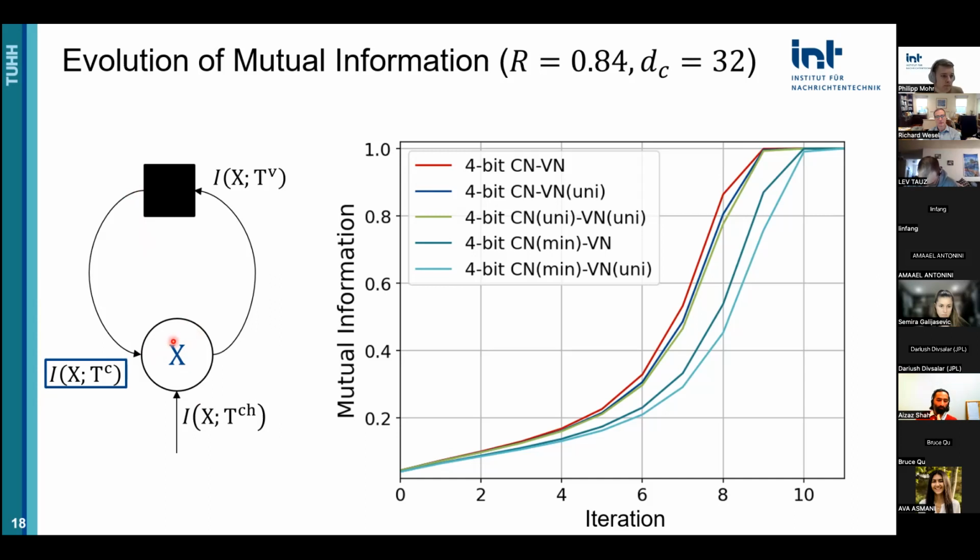Okay, so I think I might be lost somewhere, because it looks like what you're trying to show is that the uniform quantization actually performs as well as the non-uniform quantization, right?